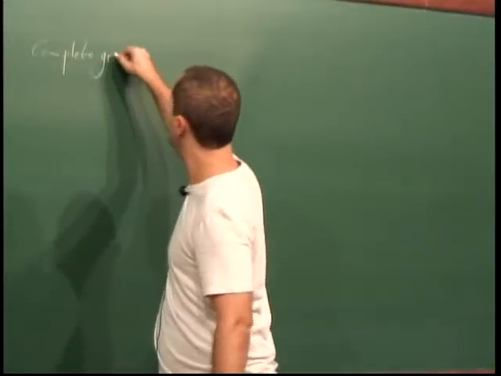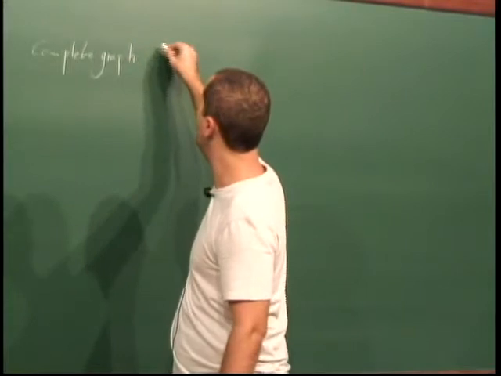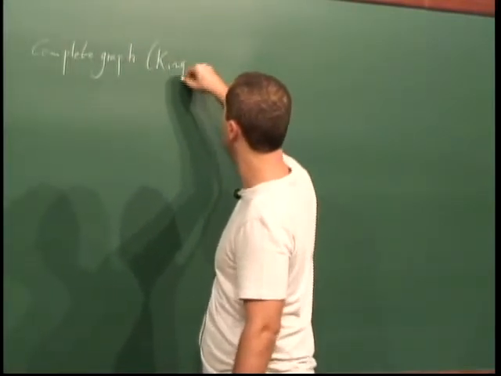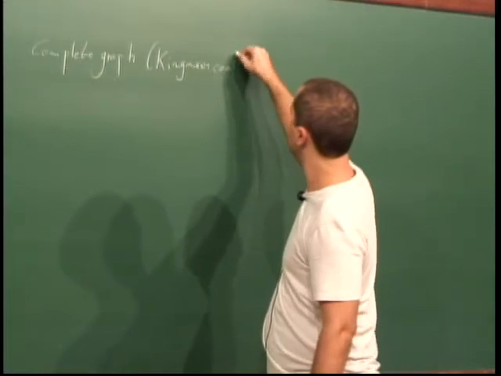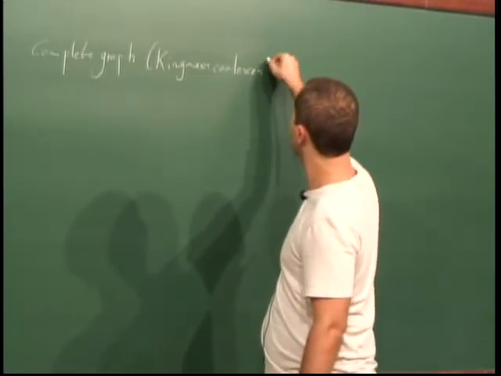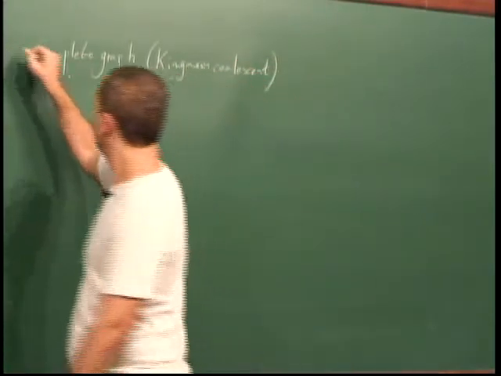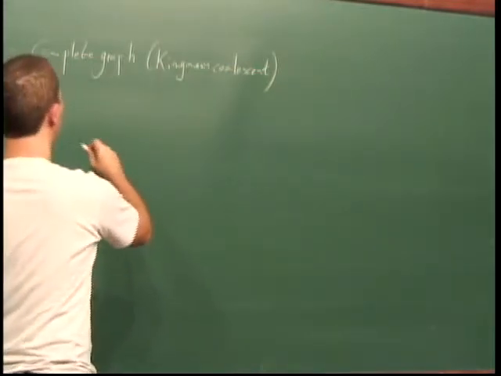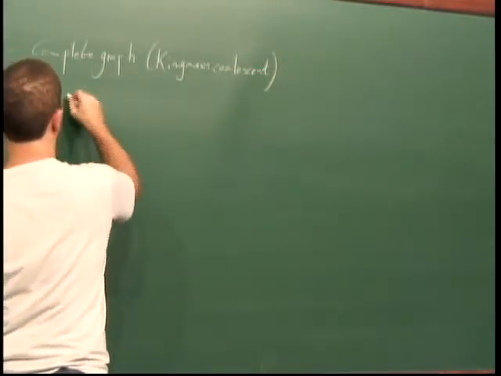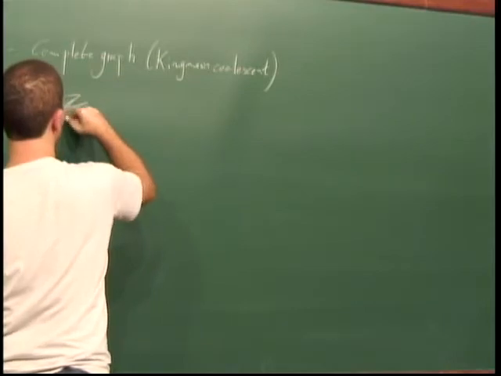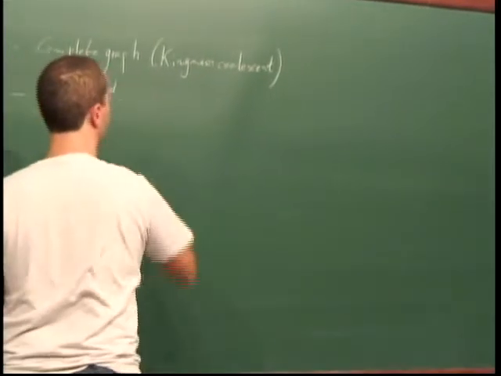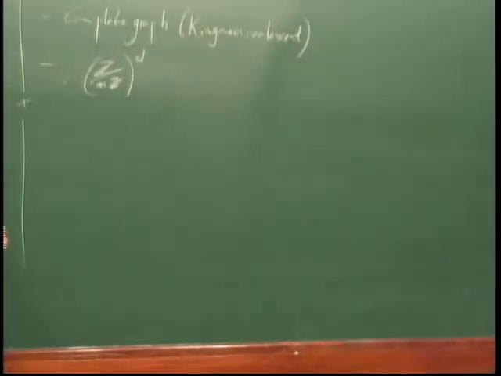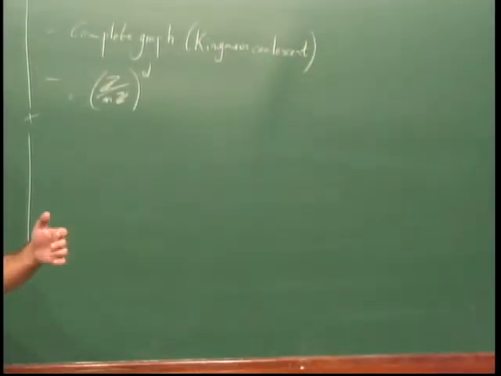But for people who are interested in such things, let me say that this is somehow related to Kingman's coalescent. Then you have a case that was studied by Cox, actually in the context of the voter model, which is a large discrete torus with fixed dimension.